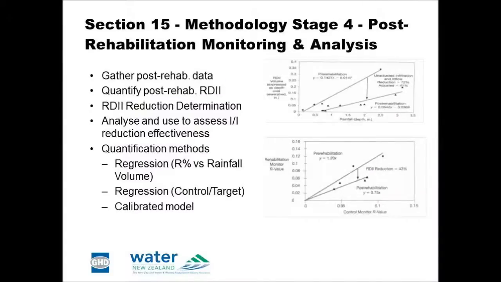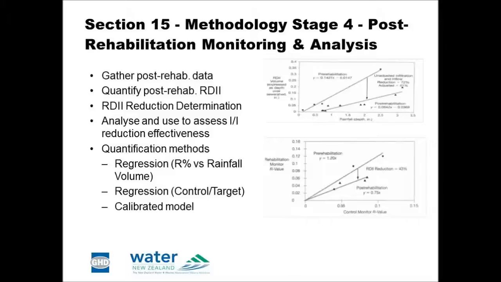Section 15 talks about how you actually measure and calculate whether your program has been successful in reducing inflow and infiltration. There are various techniques by which you can do this, and experience has shown that it's often the analytical process you undertake, and the rigour with which you follow that process, which can determine the levels of reduction you've achieved and how successful your program can actually be.